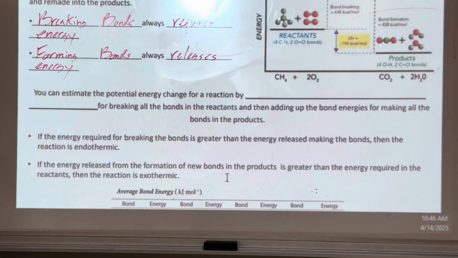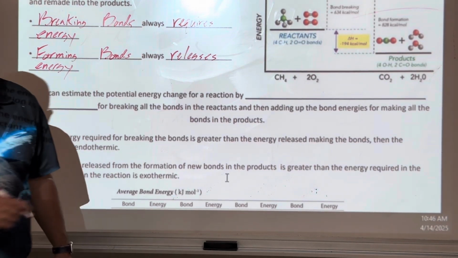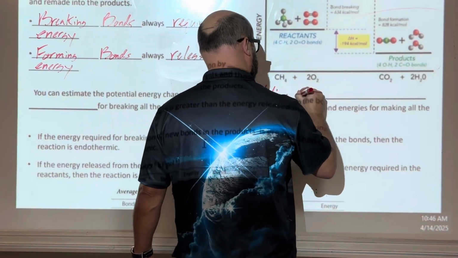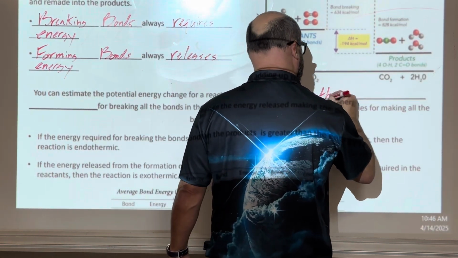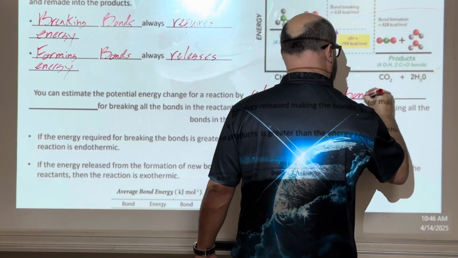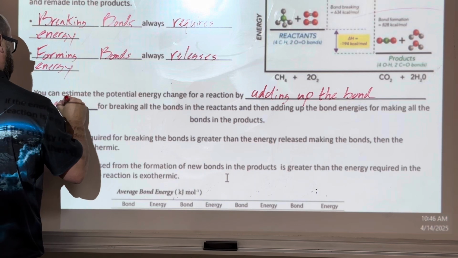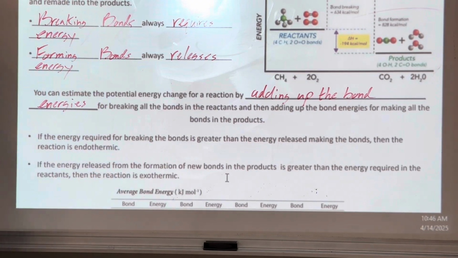based upon those bonds that are formed compared to the bonds that we had originally that were broken. The way you get this is by adding up the bond energies for all the broken bonds and all the formed bonds. Because some are going to be negative, some are going to be positive.